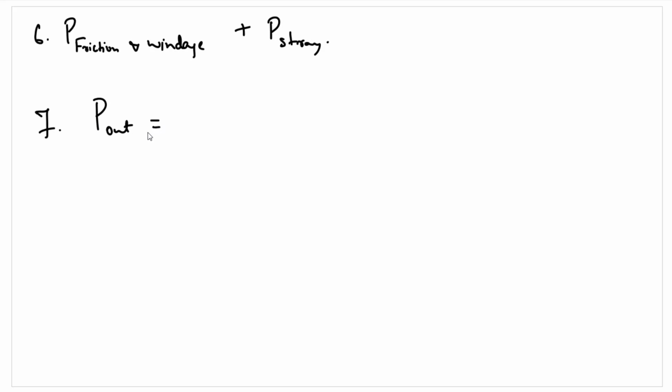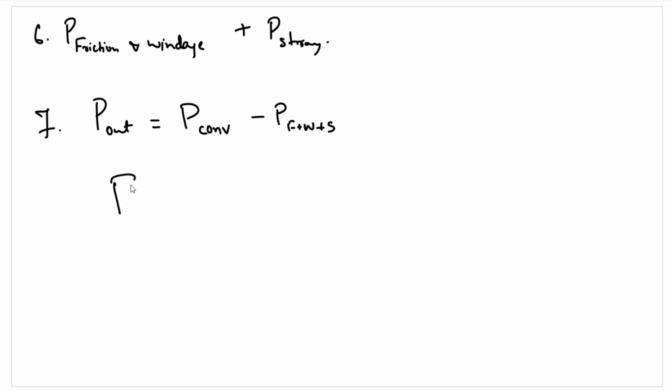So our output power, that's the actual power available to the load, will be P converted minus P friction, minus windage, minus stray losses. Subtracting them from the converted power, we get the output power. It's not possible for us to get a numerical equation for these losses. We'll be roughly calculating their values.